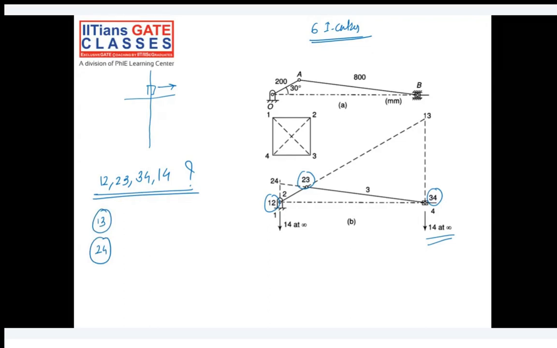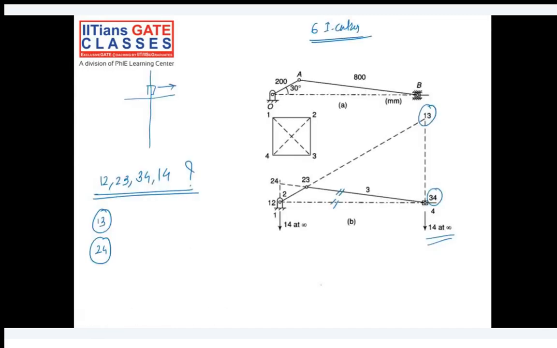In between link 1 and 3 you have 1 3 I centers, so these two lines, in between these two you have 1 3, and in between 2 and 4 you have 2 4 I center. So again 1 3 and 2 4 can be found by using Kennedy's theorem.